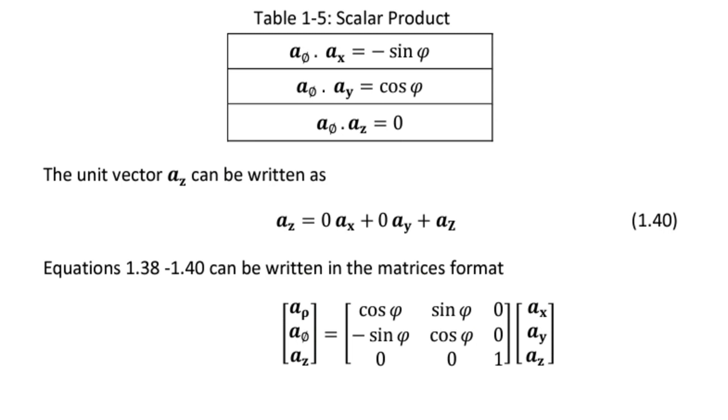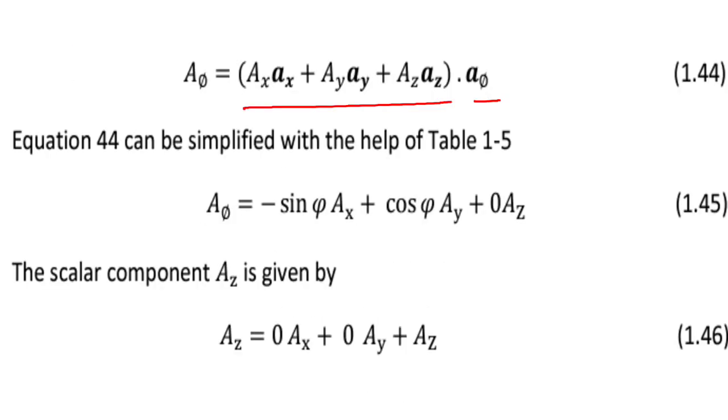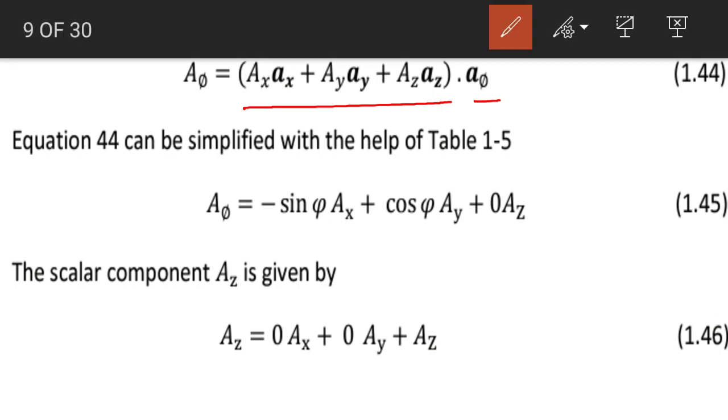You see, A phi dot Ax is minus sin phi, A phi dot Ay is cos phi, and A phi dot Az is 0. So we simplify equation number 44 with the help of table number 1.5. So you see, Ax dot A phi results in minus sin phi. So A phi will be equal to minus sin phi Ax. Then Ay dot A phi is cos phi, so we have cos phi Ay. And Az dot A phi is 0, so we have 0 Az.